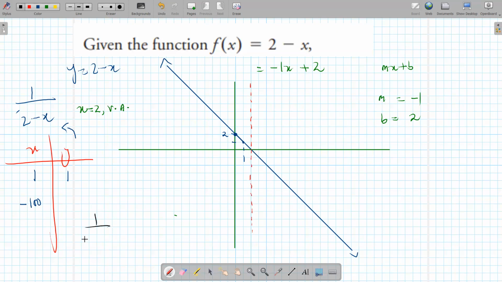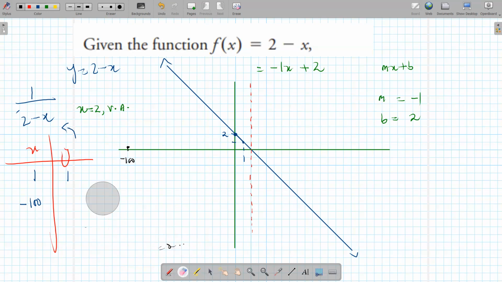You'll get 1 over 2 minus -100, right? So 1 over 2 plus 100, it's going to be 0.00 something, okay? So when x is -100, our y value is going to be a very small 0 point something, way way below the 1.